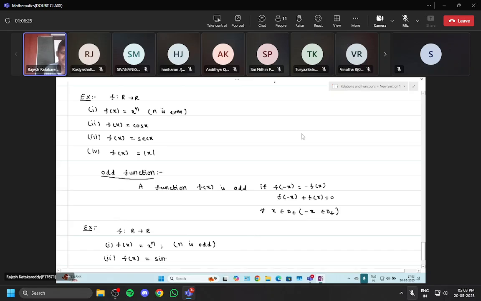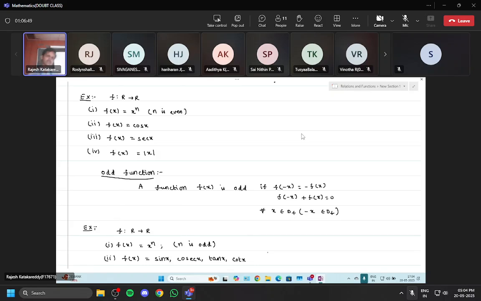So sin x, cosecant x, tan x, cot x. These are all odd functions in their respective domains. Clear?